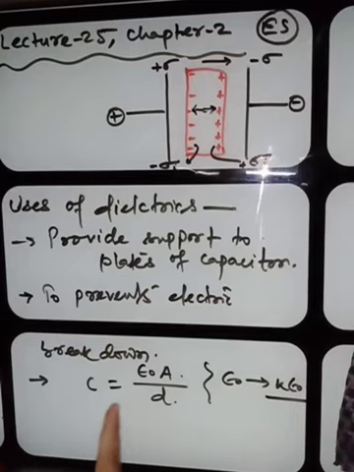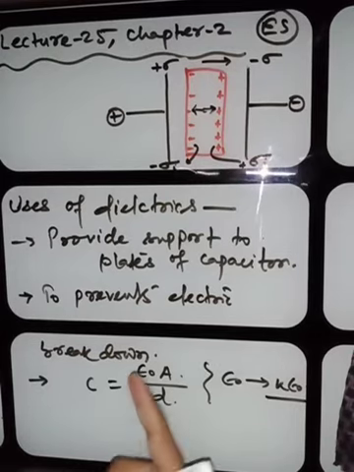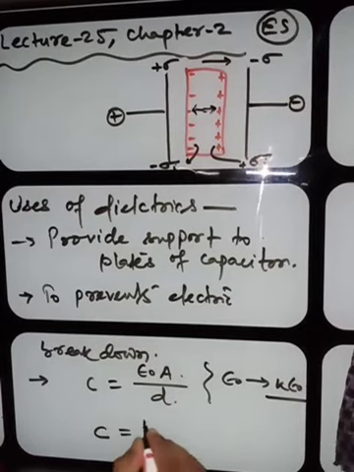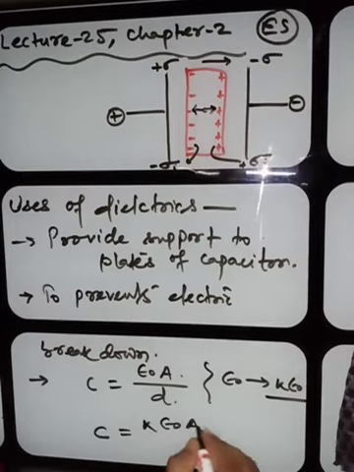So due to insertion of dielectric, we will derive shortly, the capacitance will be K times epsilon naught A by D. We'll derive this one.